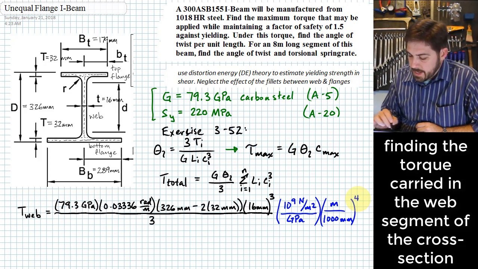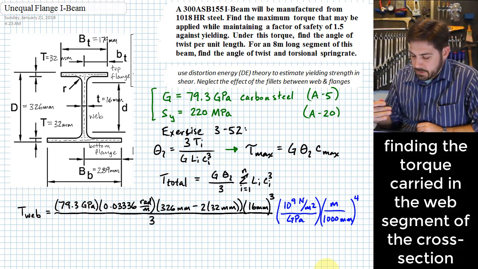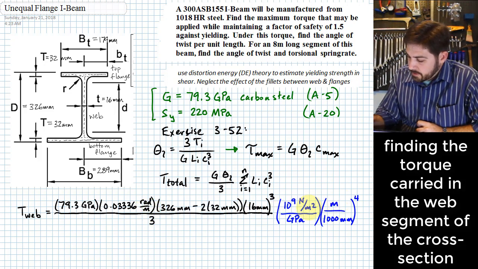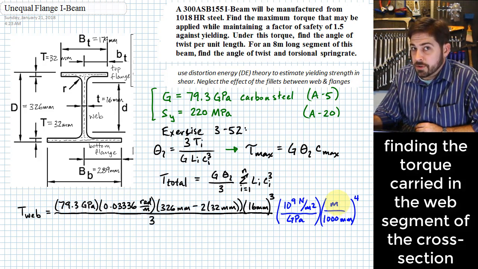All right, now we're at a point where if we just enter all of these values into a calculator, let's think about what will come out. GPA cancels. Radians is not even really a unit. We have meters here, and we will turn all of these millimeters into meters. And so what we have there is meters squared, with another meters in the denominator. Then we have meters to the 4th in the numerator, so that's meters to the 4th over meters cubed.